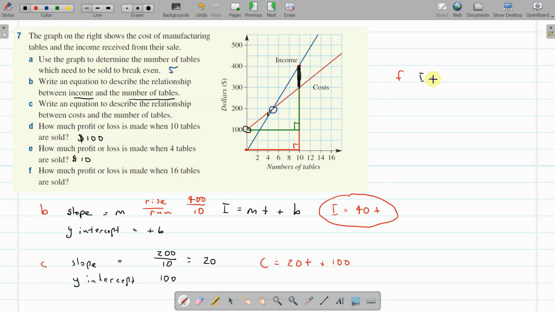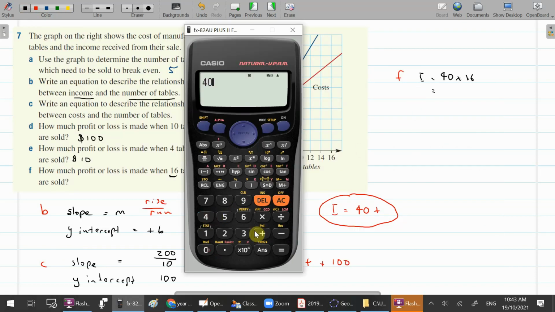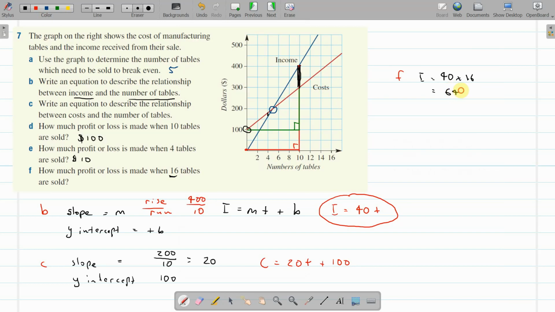Income using this equals 40 times the number of tables, 16, which is, what's 40 times 16? 640. Cost is 20 times the number of tables plus 100. So 20 times the number of tables is 320 plus 100 equals 420. And the difference between income and cost is our profit.